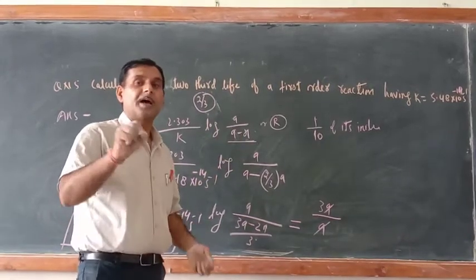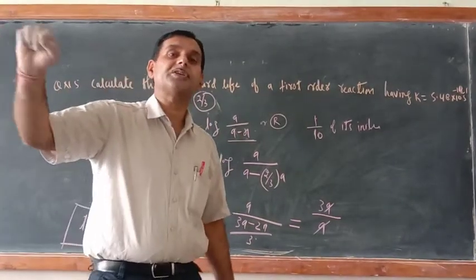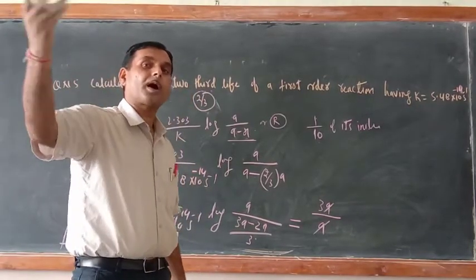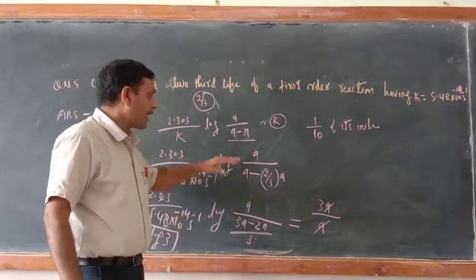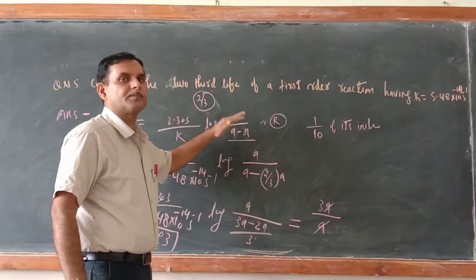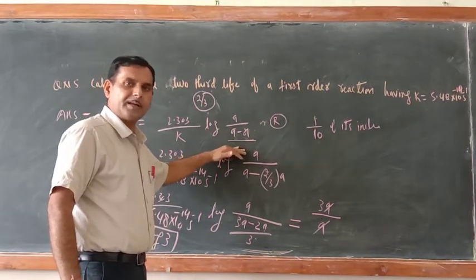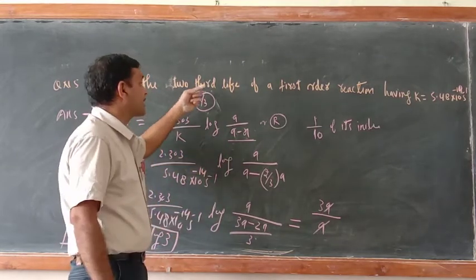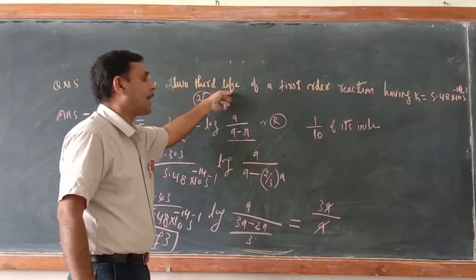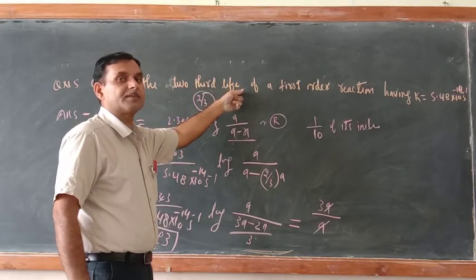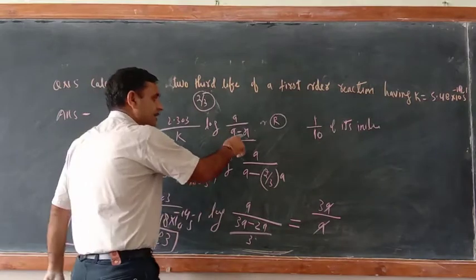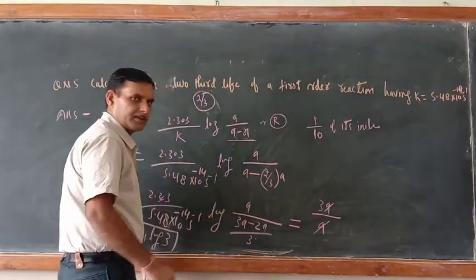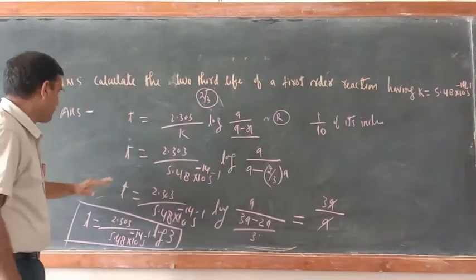If they have written 1 by 10th of its initial concentration, 2 by 3rd of its initial concentration, 3 by 4 of its initial concentration, then you directly put the value of a minus x: 3 by 4 only, 1 by 10 only. But if after terms like 2/3 the words initial concentration are not given, then in place of x you have to write those values and solve. Remember this, it is a very important thing.